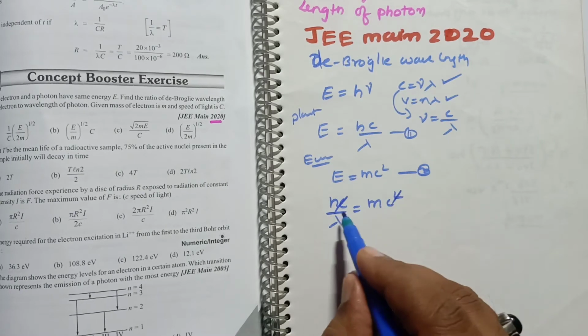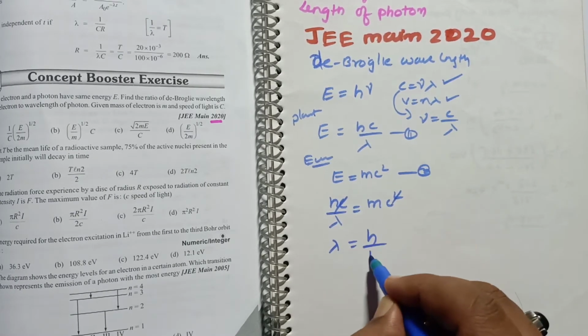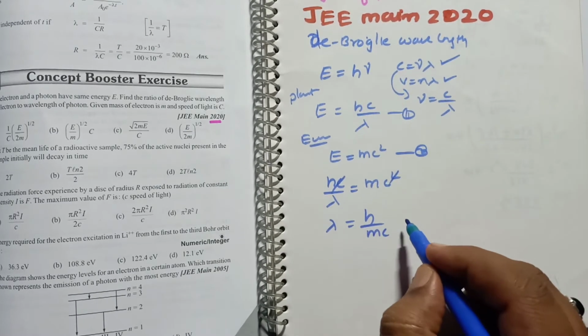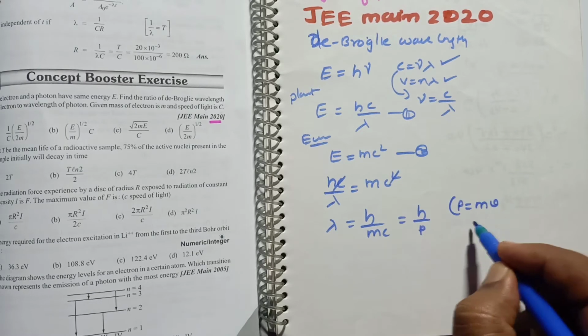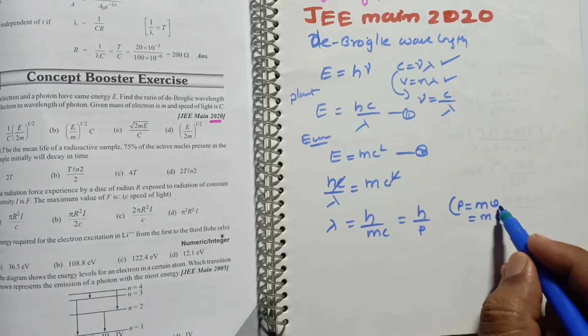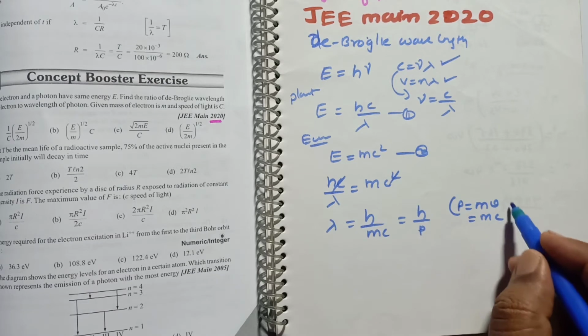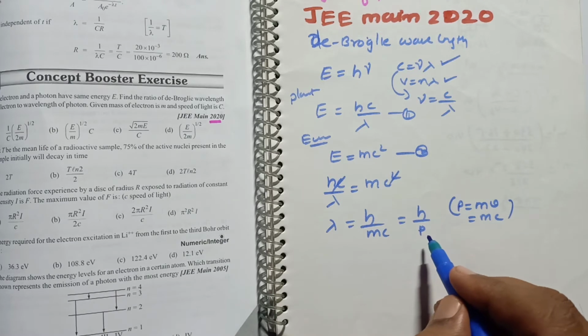Here c and c get cancelled, so lambda is equal to h by mc. This can also be written as h by p, because p means m into v, where v is velocity. Here the velocity of light is taken as c. Therefore, lambda is equal to h by p.